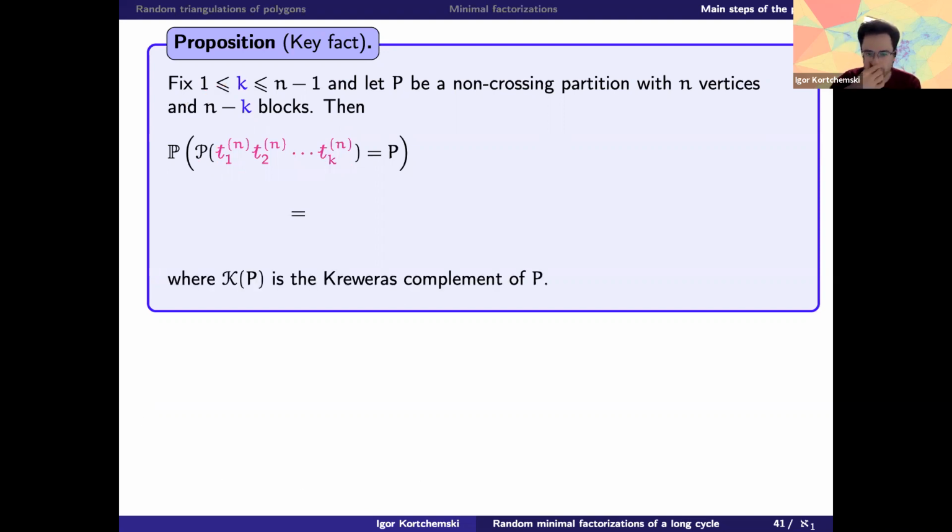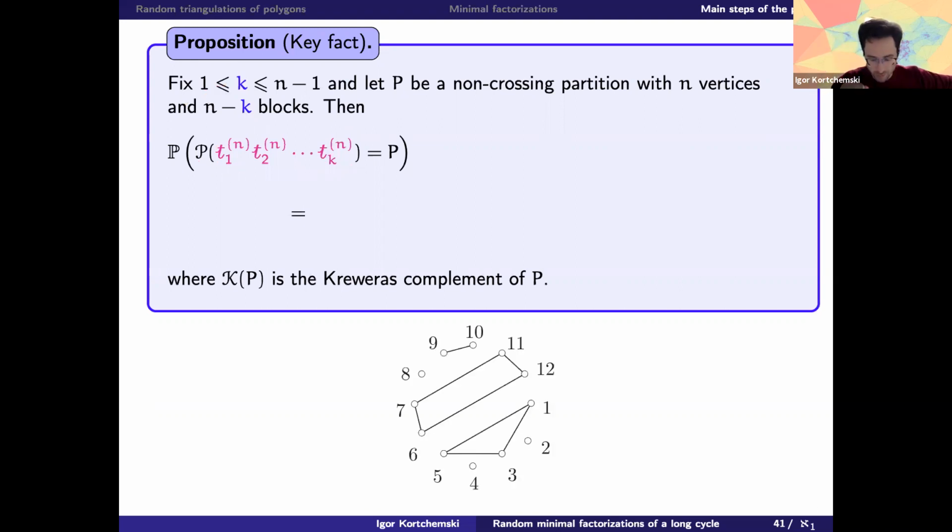And the law involves the Kreweras complement of a non-crossing partition. So what is the Kreweras complement? This is an example of a non-crossing partition. You put new dots which correspond to the polygon which you rotate just a bit, and you look at the polygon you can form in the blank spaces left by your non-crossing partition.